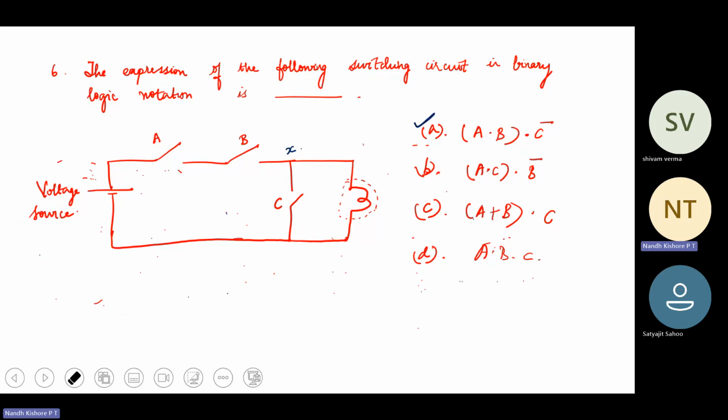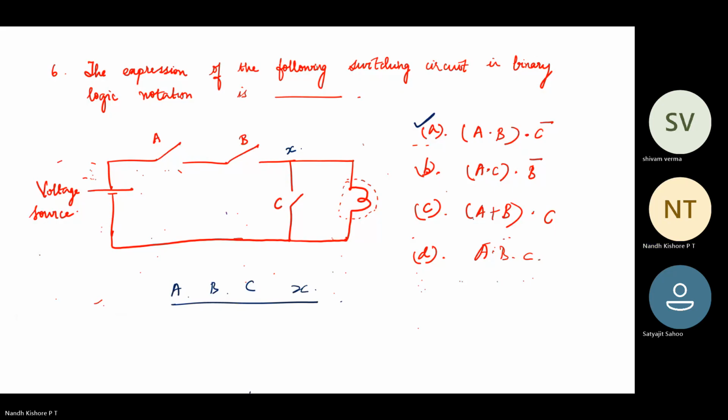But you can also write a truth table with A, B, C, and X is your output across the bulb. So you have all possible combinations.